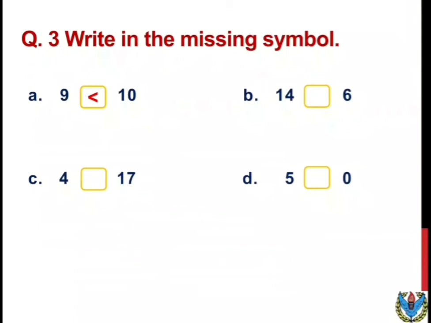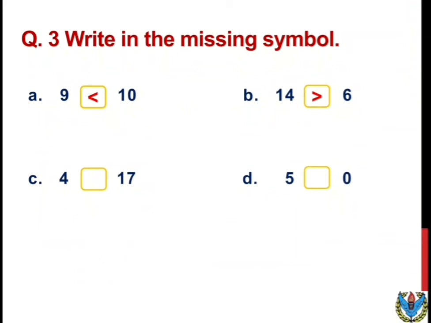Look at part B. The numbers are 14 and 6. To which column does 14 belong? It belongs to 10's column and 6 belongs to 1's column. So which number is the bigger number? Yes, 14 is the bigger number. So we will write it as 14 is greater than 6.